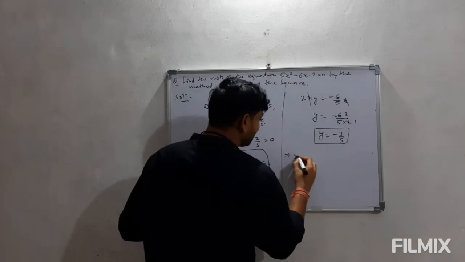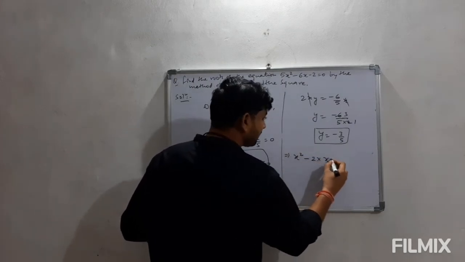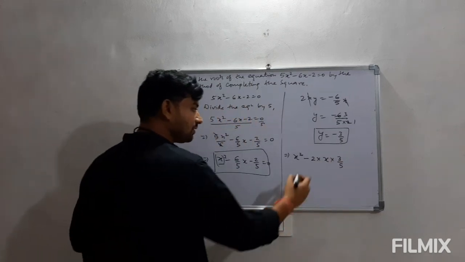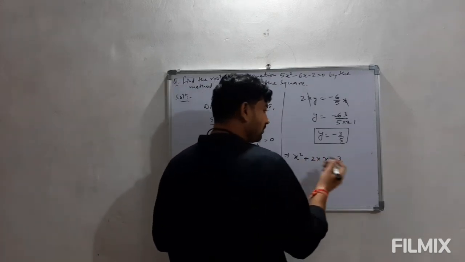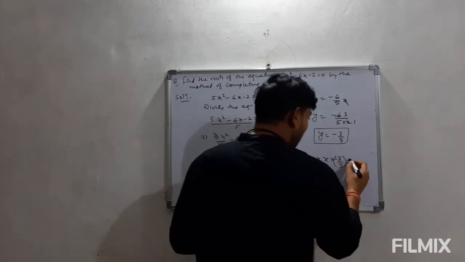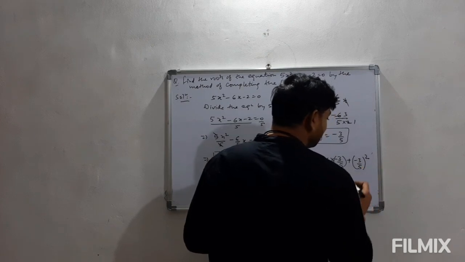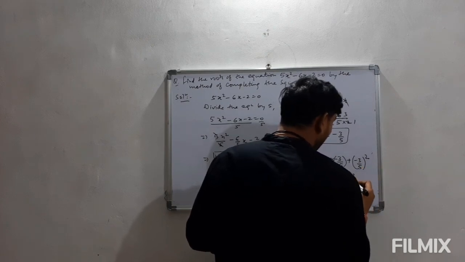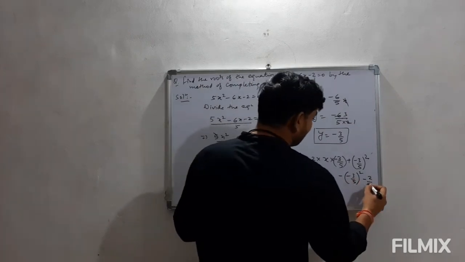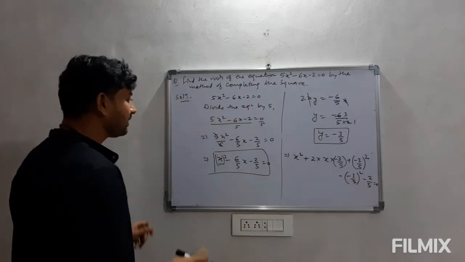So in the equation now, x square minus 2 into x into, we will use this as plus here because we have to use this value only. So minus 3 upon 5 plus minus 3 upon 5 whole square and minus 3 upon 5 whole square, and the minus 2 upon 5 is already there. So this is what we are getting here.